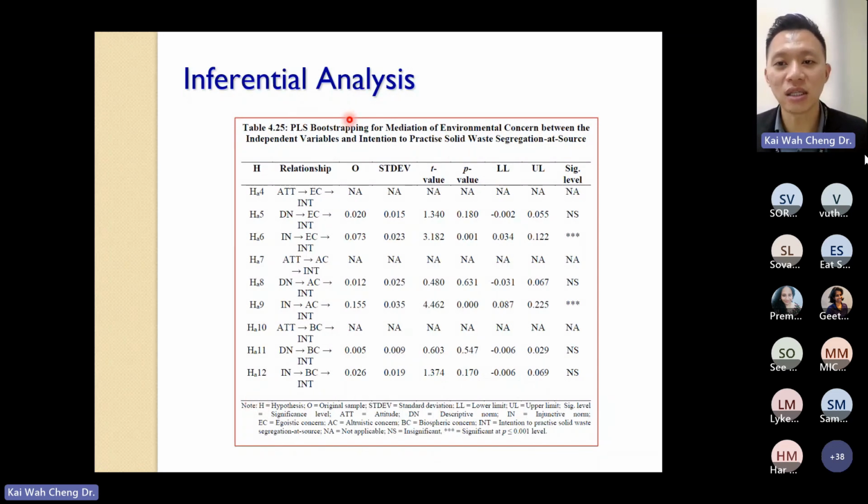This is the correct way to present the inferential analysis if you are using Smart PLS.